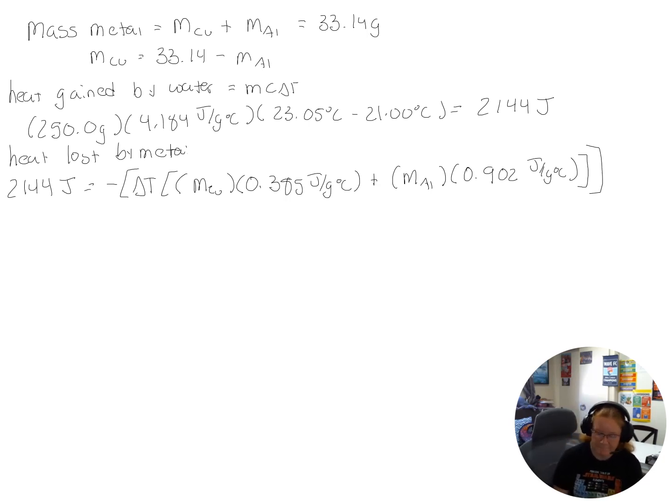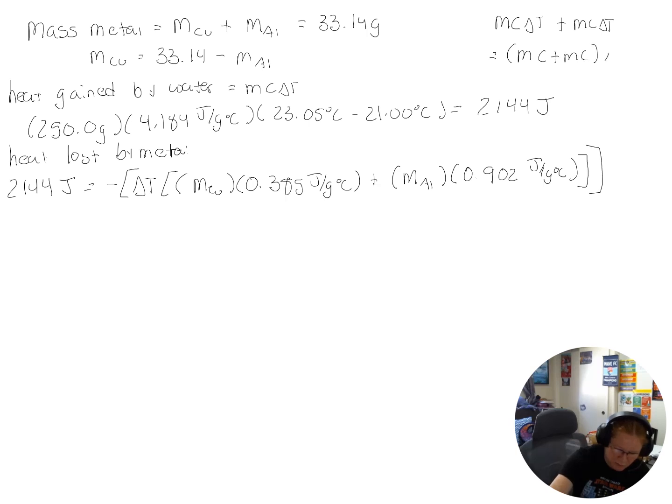Because again, what I'm doing is an MC delta T plus an MC delta T. If the delta T is the same, then I can do this as MC plus MC times quantity, or quantity times delta T. So that's all I did there. Just that distributive property, because the delta T is the same, because it's the same piece of metal, because it's an alloy together.